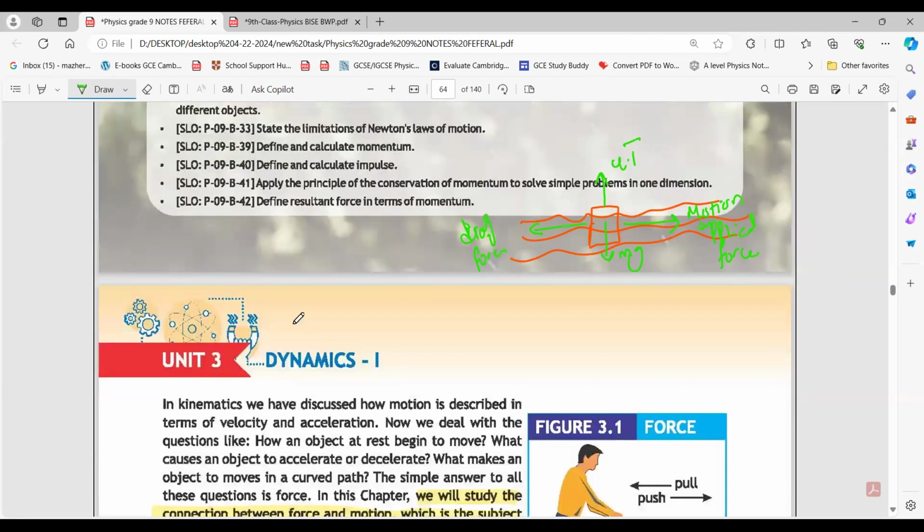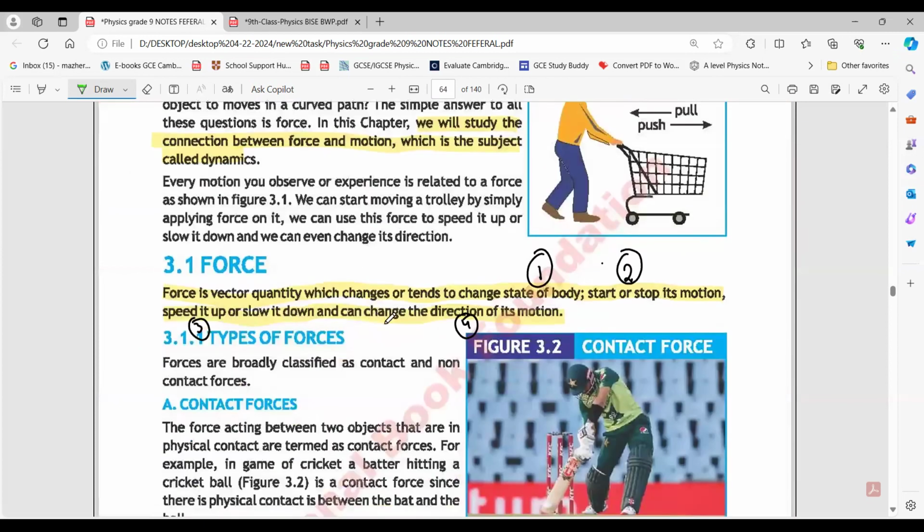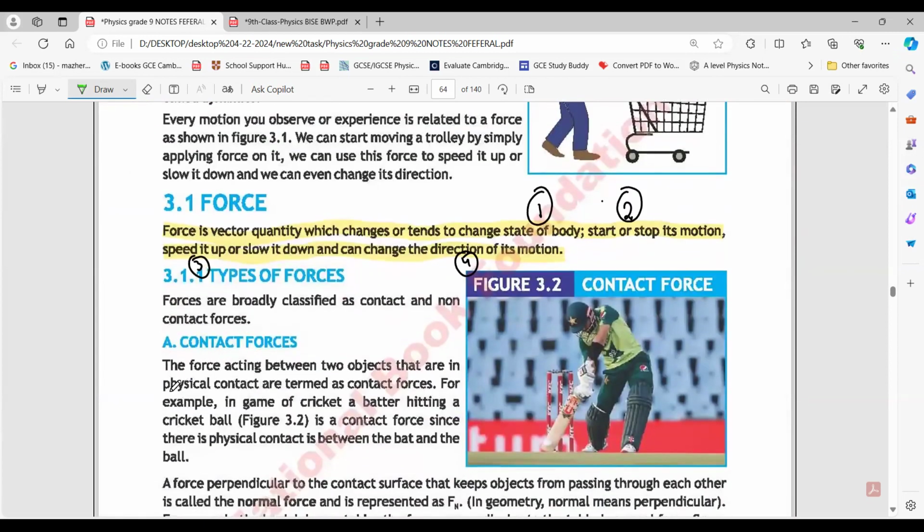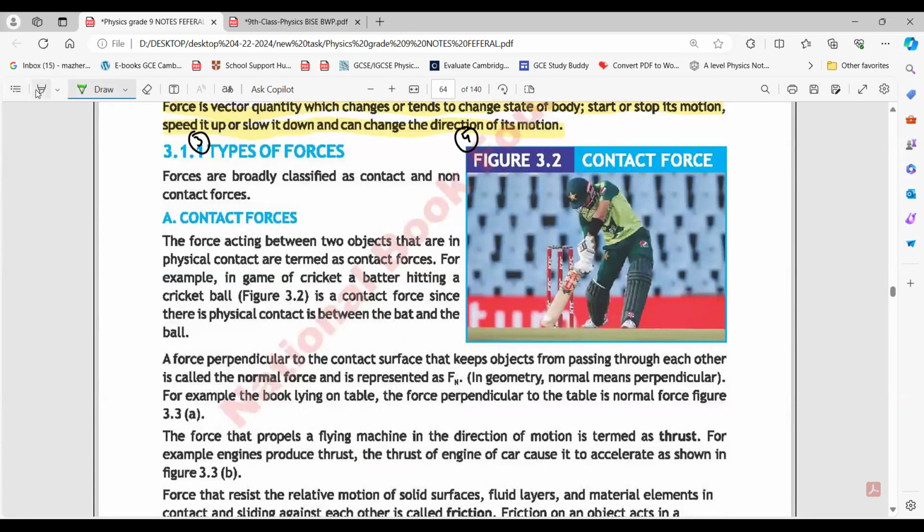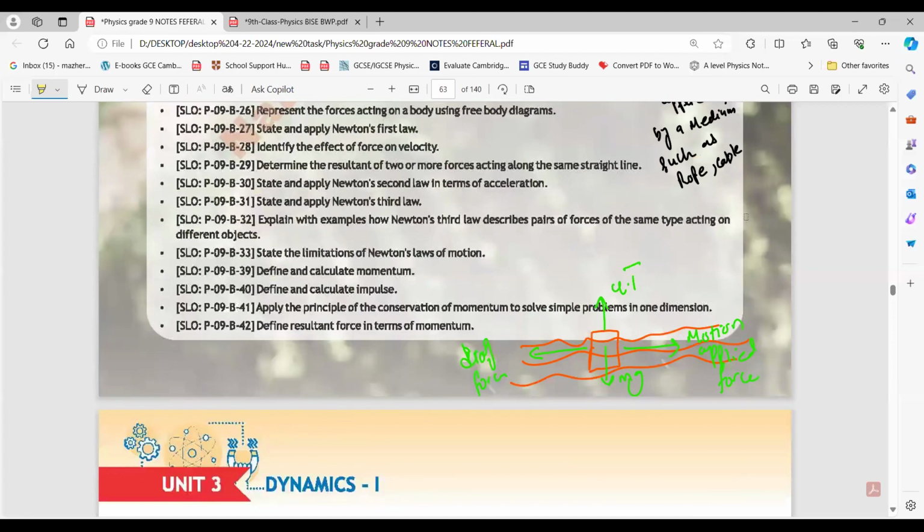Yes. Let's see what the book has said so far. The very first force that they have discussed is a contact force. Force acting between two objects that are in physical contact is termed as contact force. I have given you the diagram as well here.